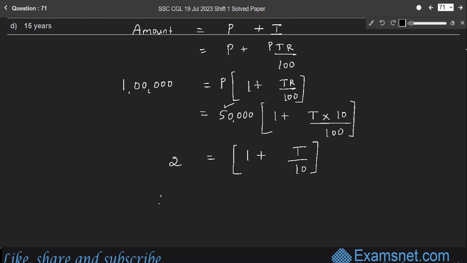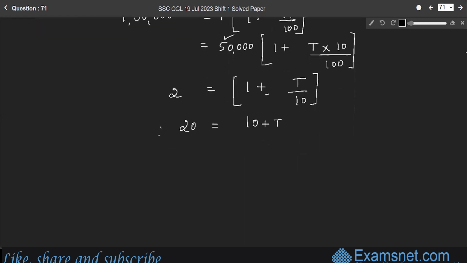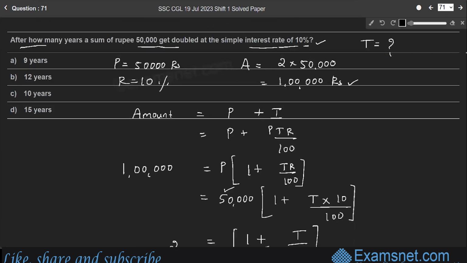Since 10 is the LCM, when it goes to the RHS, it becomes 20 is equal to 10 plus T. Therefore, T is equal to 20 minus 10, which is 10, and the unit is years. Therefore, after 10 years, the principal of 50,000 rupees gets doubled to 1 lakh rupees at the simple rate of interest 10%. Very simple question.